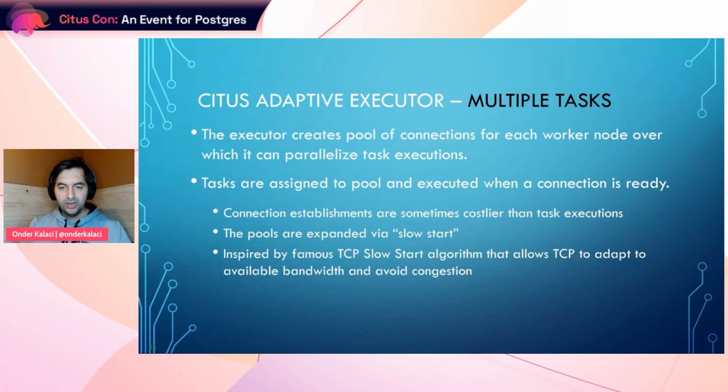And then we actually mimicked the TCP slow start algorithm. How does TCP slow start work? Maybe if you are not familiar, the TCP slow start algorithm mainly adapts to the available bandwidth and avoids congestion.